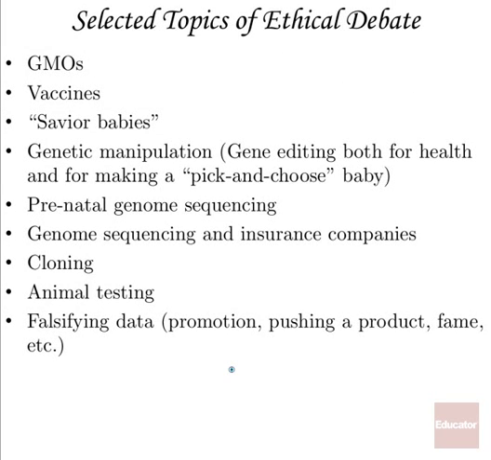So, other than the ones that I had mentioned before, there are many other topics that are up for ethical debate. Some that I wanted to list here: genetically modified organisms, vaccines, right? The whole vaccines, people think that they're correlated to autism, right? Based on a study published by a medical doctor named Andrew Wakefield in The Lancet, who was actually paid by a competing vaccine company to falsify data and talk bad about the vaccines that are out on the market.